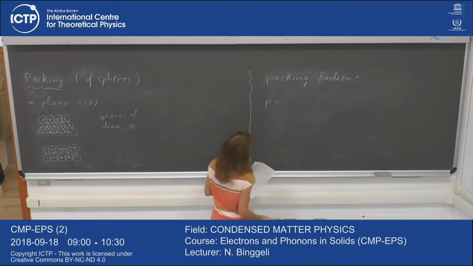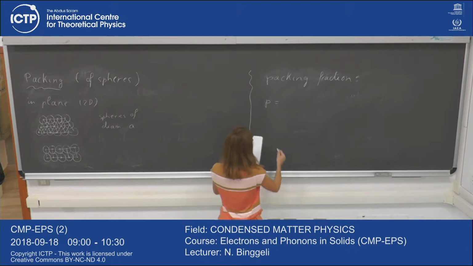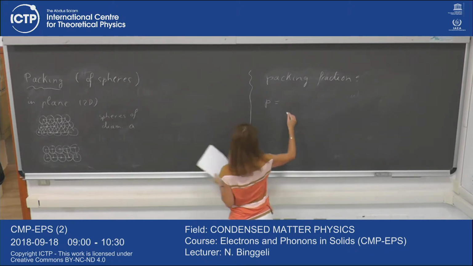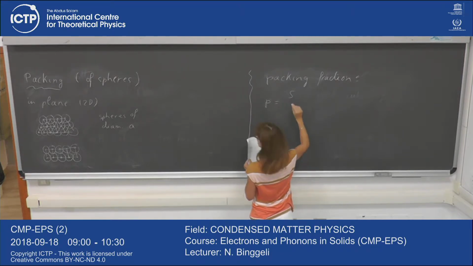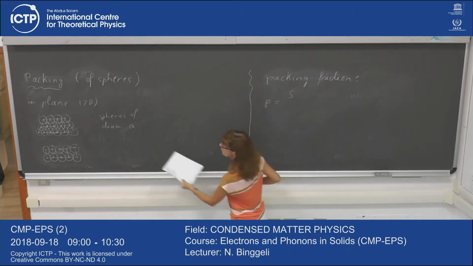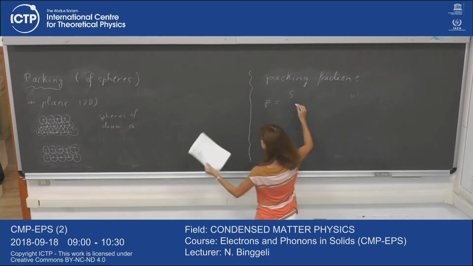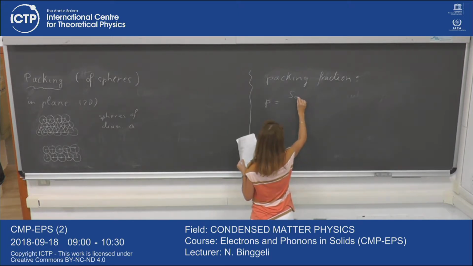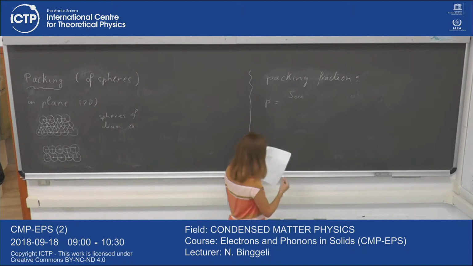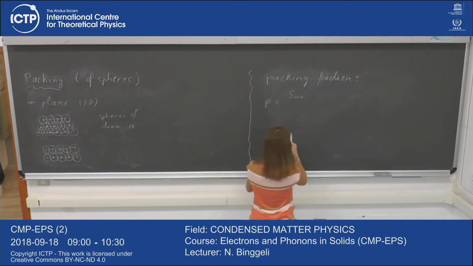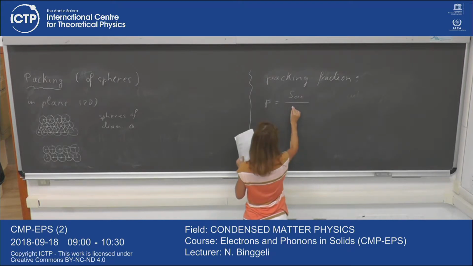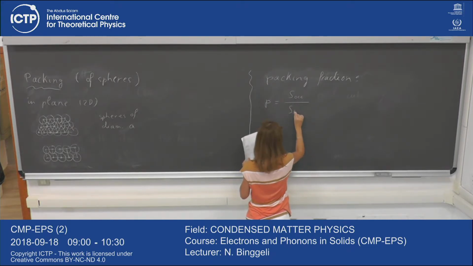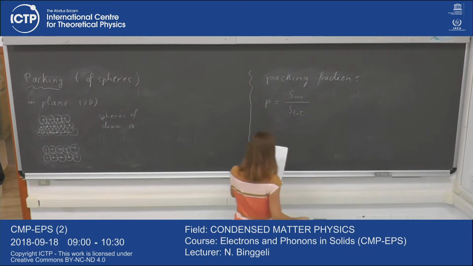So the packing fraction is defined in my case here as the surface of the disks, the projections of the sphere, so the surface occupied by a disk, divided by the total surface per atom.